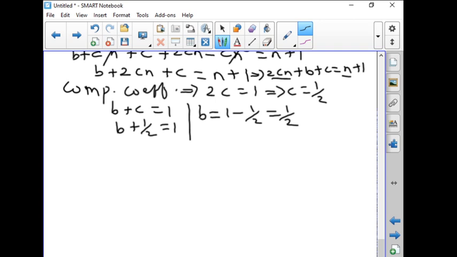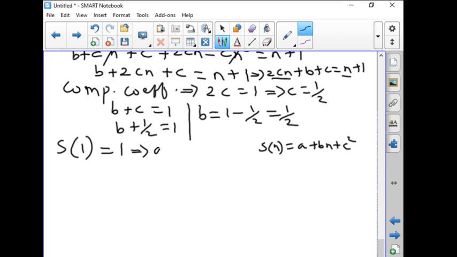Now take the first term. First term means s of 1. So what is the first term? 1. So s of 1 is 1. Okay, first term is 1. So what do we have now? What is s of n? We take s of n as a n square plus bn plus c. So for s of 1, put 1 in place of n.